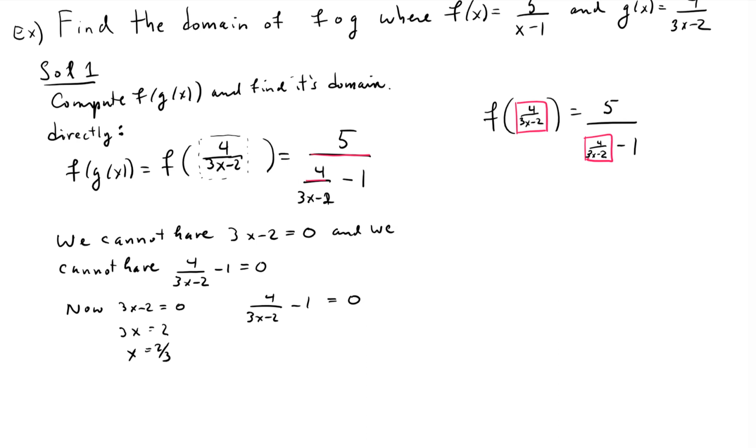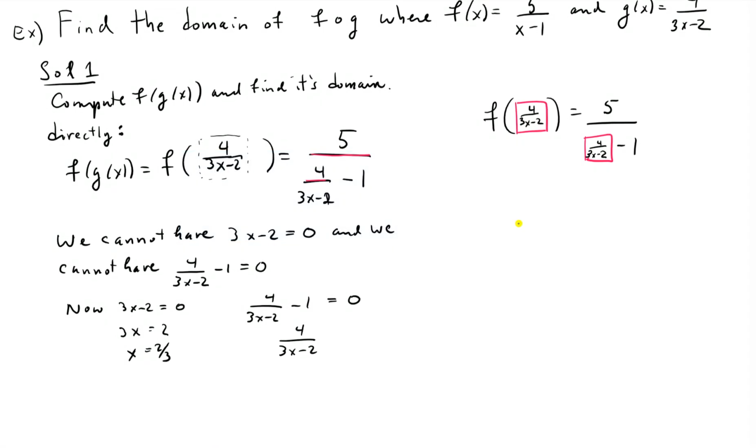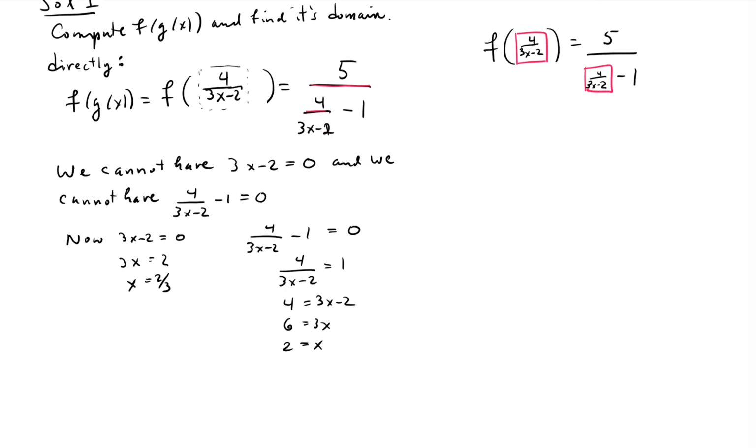I could solve it in many different ways. I could put everything over a common denominator, but here I'm just tempted to send the 1 to the other side. And then multiply by 3x minus 2 on both sides, and then add 2 on both sides and divide by 3. So we're going to exclude 2 as well.